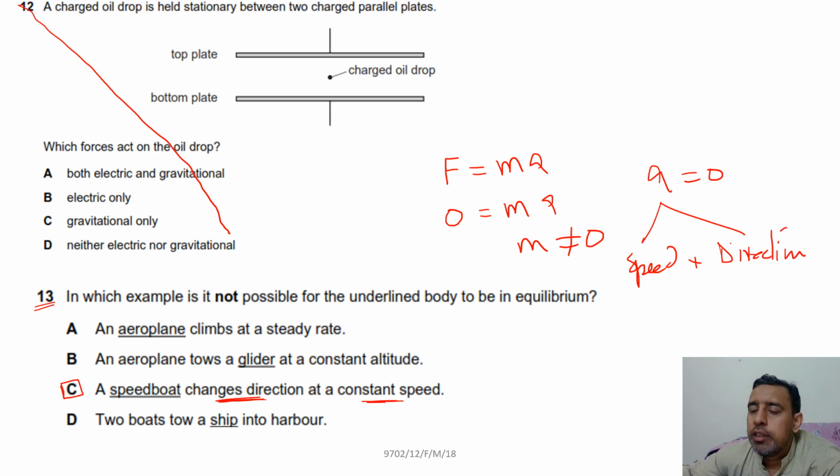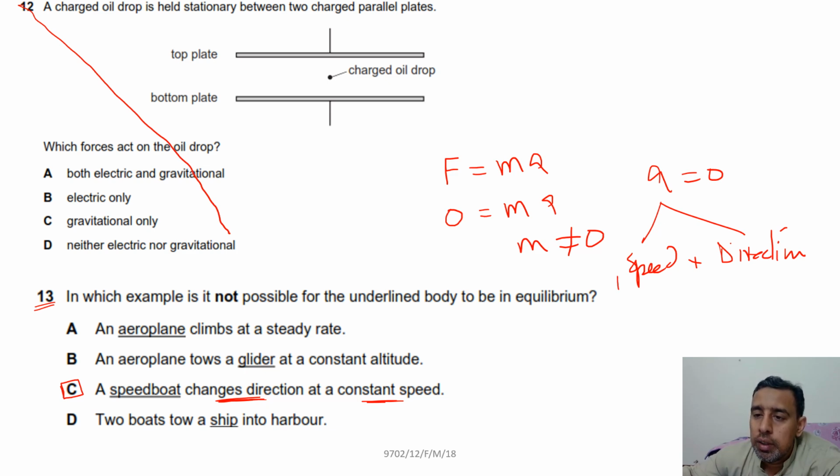If the speed is changing, the velocity is changing, and if the direction is changing, the velocity is changing. If any one of these two quantities or both are changing, the velocity is changing, hence the acceleration will not be 0.